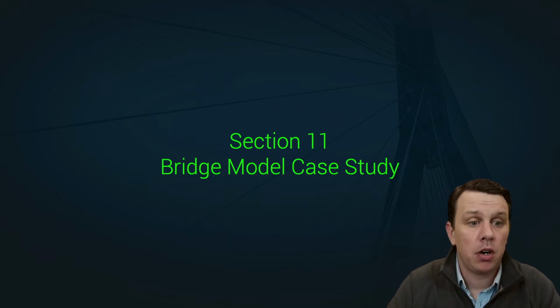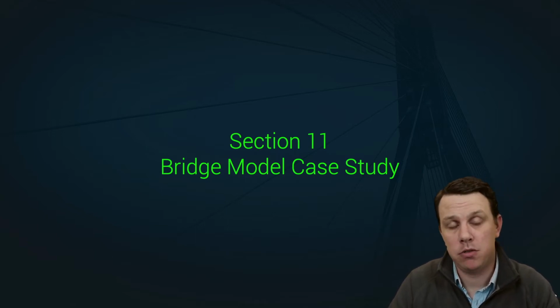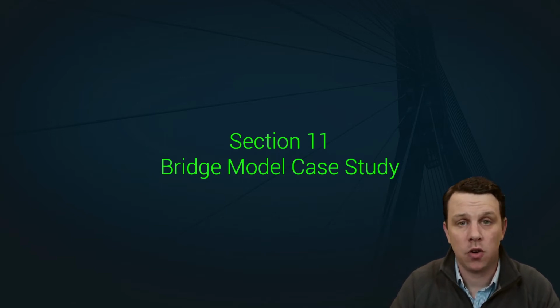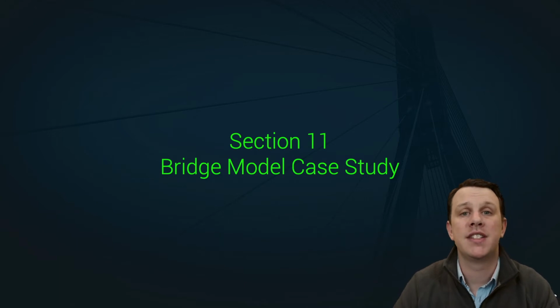Now, remember, the purpose of this course is not simply to have you watch me type out code and just blindly copy it. I mean, you know that now at this stage. The real objective here is for you to get to the end of the course and obviously be able to use the solver to analyze your own structures. But more importantly, the real objective is that when you get to the end, you have the confidence and the ability to use what you've learned to further extend your solver.